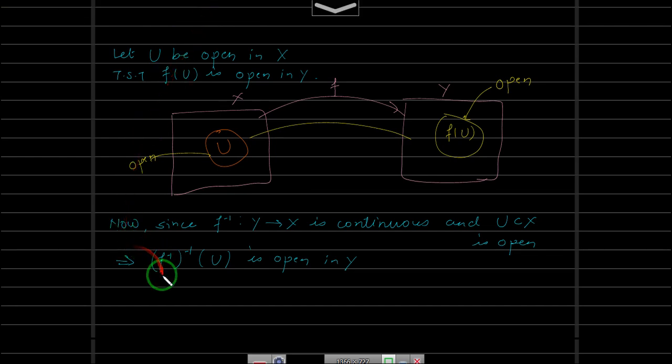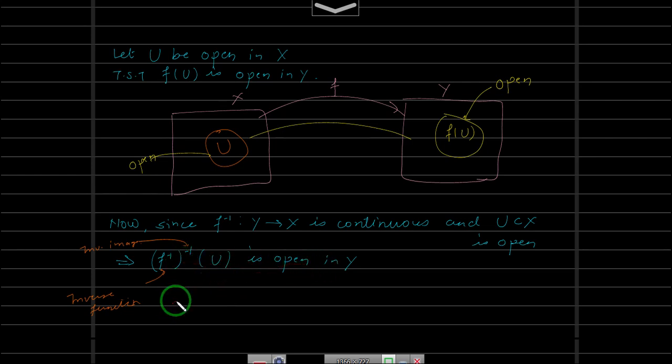This is the inverse function, and this, f raised to -1, is the inverse image. It is assumed that you know the distinction, and we will write this same together here. So this is open in Y.